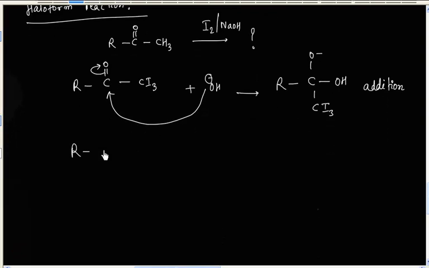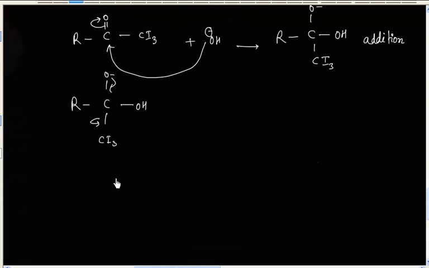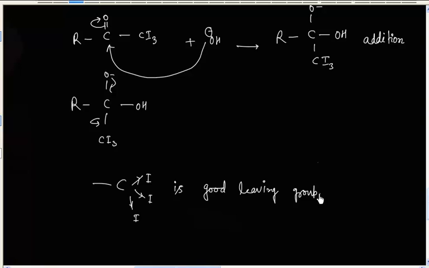Now in the next step, generally we said we cannot remove this as a leaving group, but this is the exception because CI3 becomes a good leaving group because of three I groups. So this is a good leaving group. So in this case, we will lose CI3.